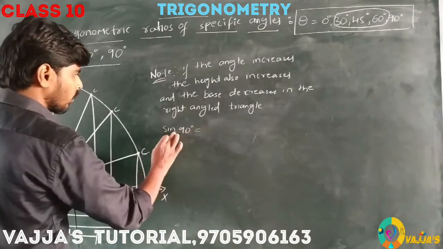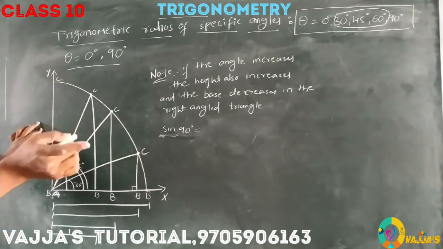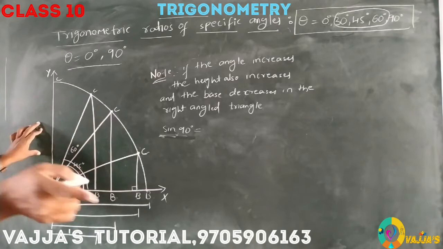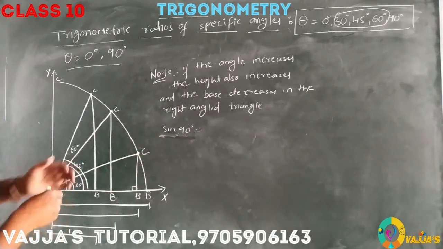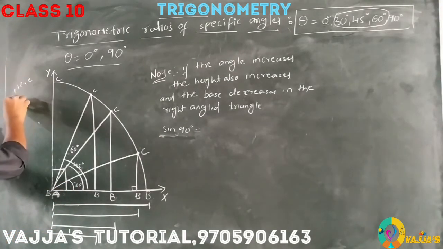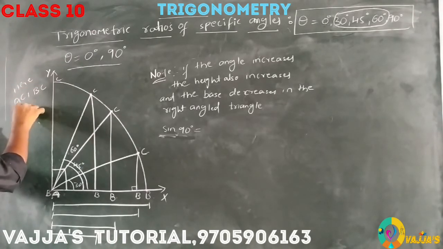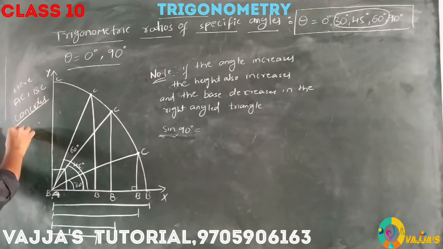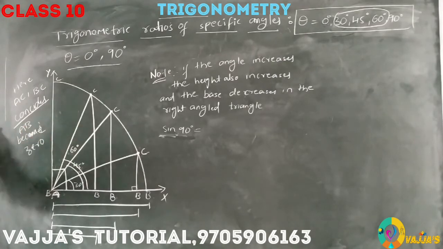90 degrees. Now we shall go for sin 90 degrees. We have to find the value at 90 degrees for the trigonometric ratios. First of all, we start with sin 90, and before going to that, we shall write here: AC and BC coincide and AB became 0.